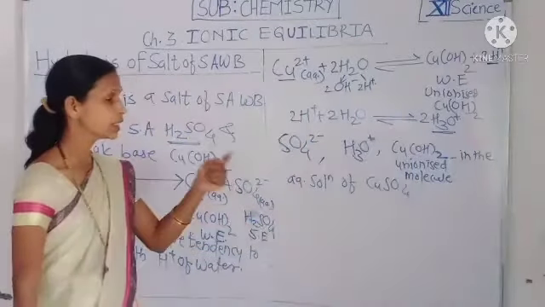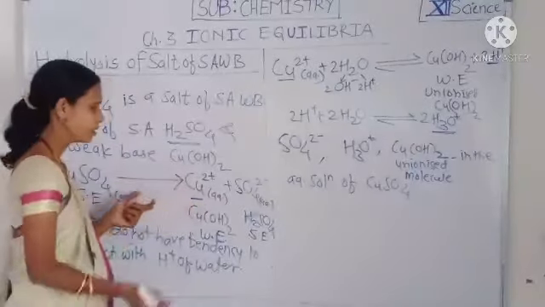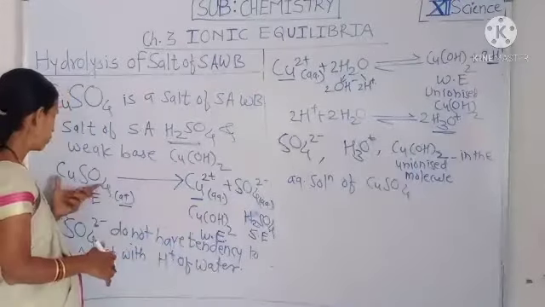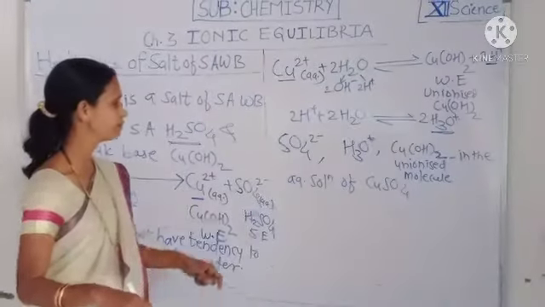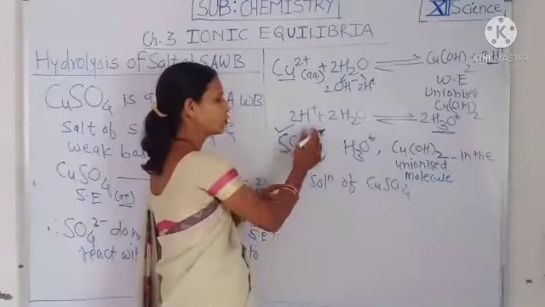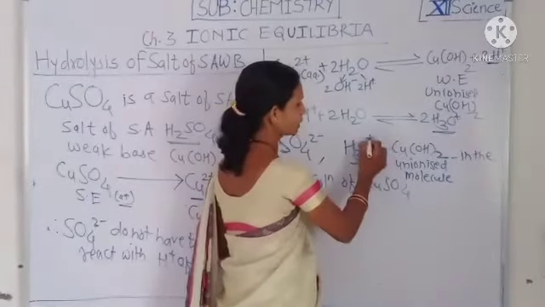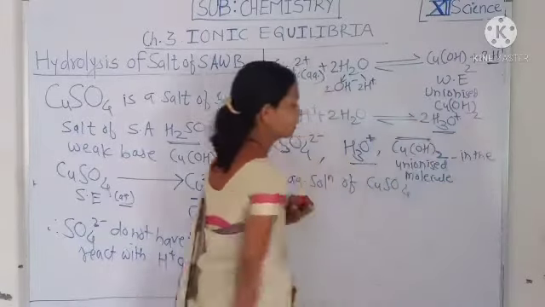That means the resultant solution, the solution which is obtained when CuSO4 is dissolved in aqueous medium, contains SO4 2 minus ions, H3O plus ions, and unionized Cu(OH)2.